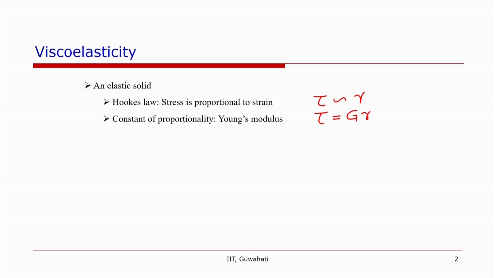So, elastic solids, what do they do? For an elastic solid, as I said earlier, when a stress is applied on the material, the material stores the energy, and after the removal of the stress, it regains its shape.